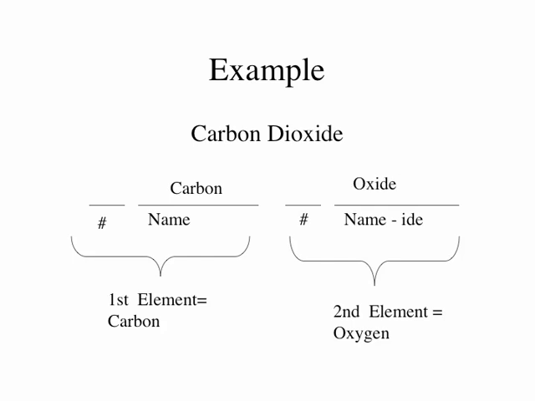So we put the oxygen with the IDE ending, which makes oxide, and we put the prefix di in front of it to mean two. So carbon dioxide contains one carbon atom and two oxygen atoms. This is where the name carbon dioxide comes from.